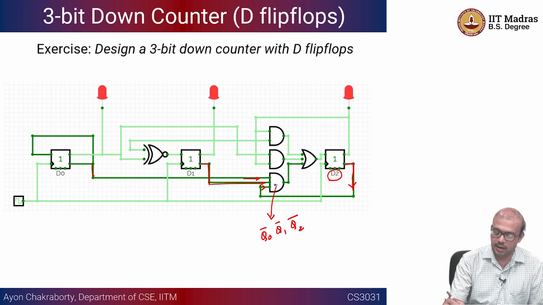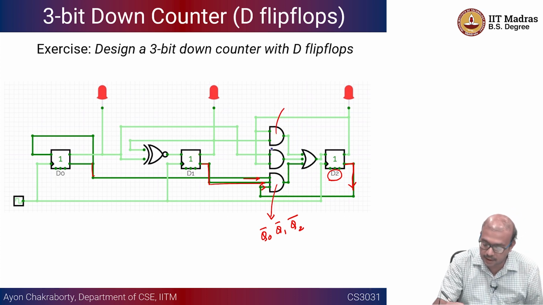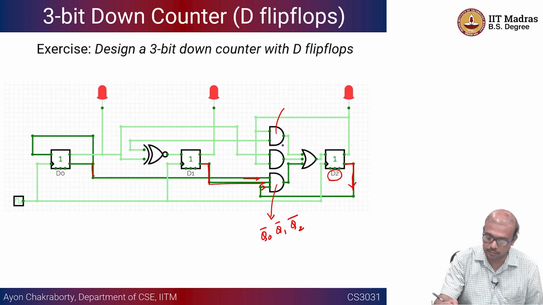And here you are going to have, I guess, this is the Q0 one. So this could be Q0, Q2.